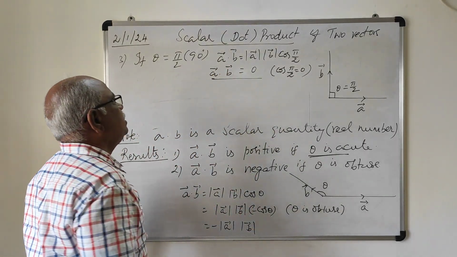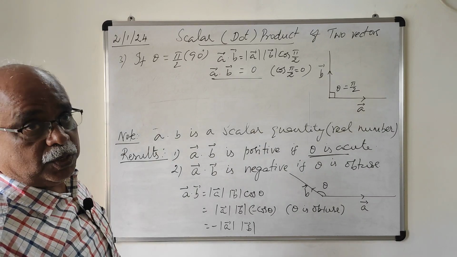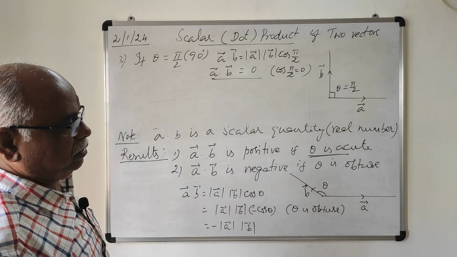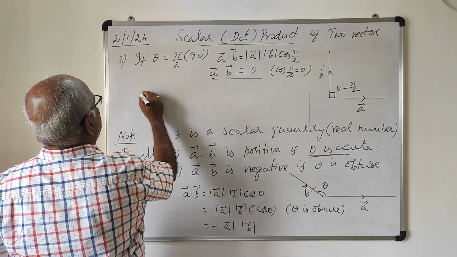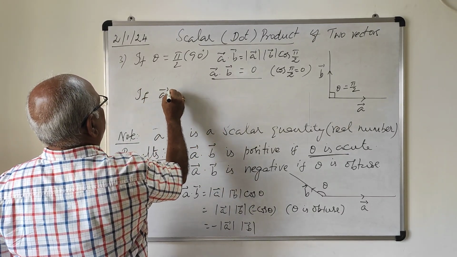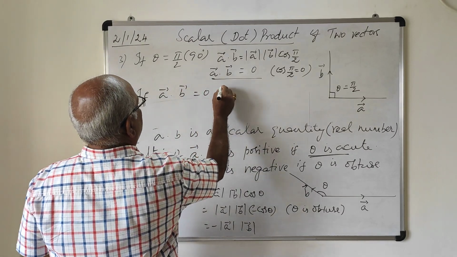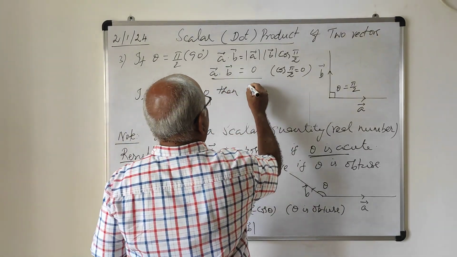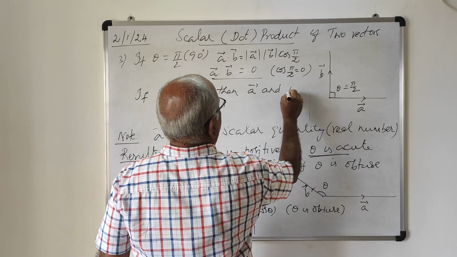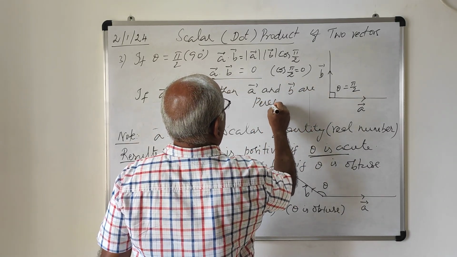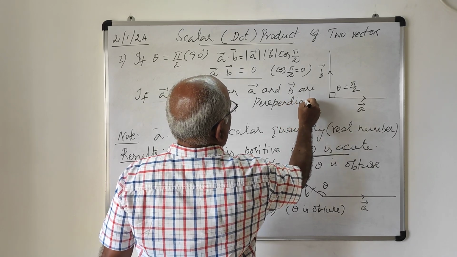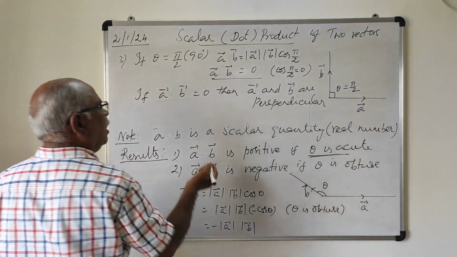So A dot B is 0 if A and B are perpendicular. If A dot B is 0, then vectors A and B are perpendicular, and vice versa, the converse is also true.